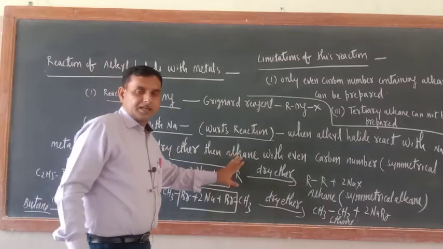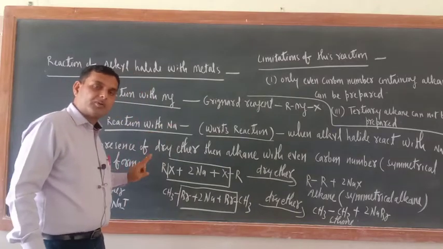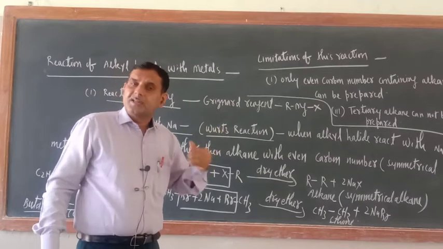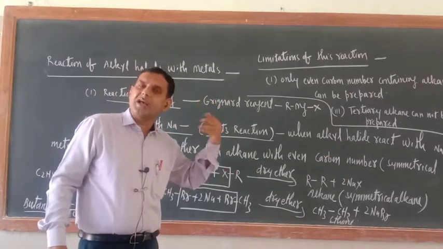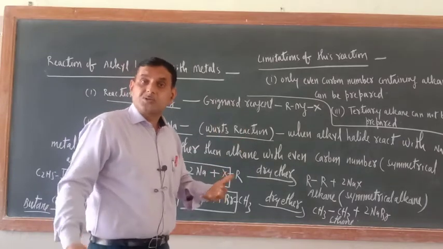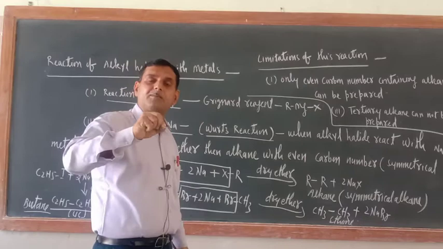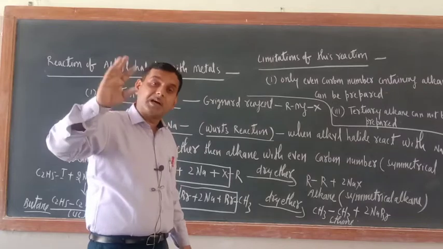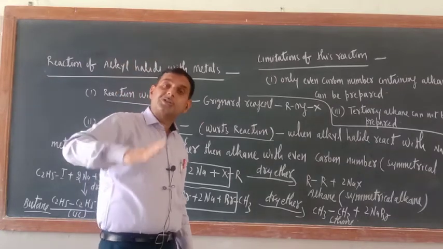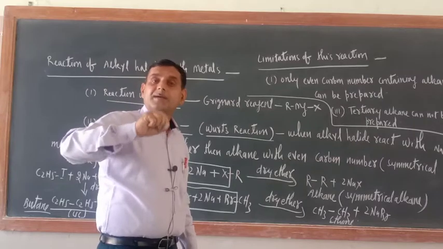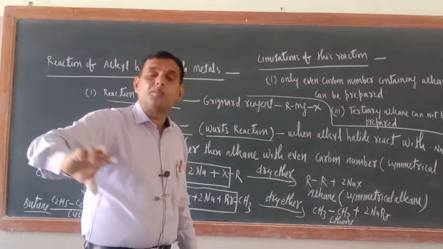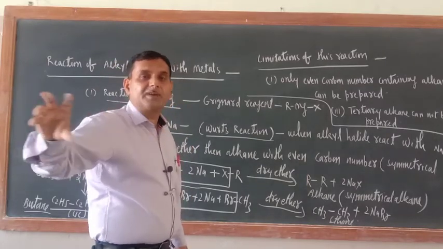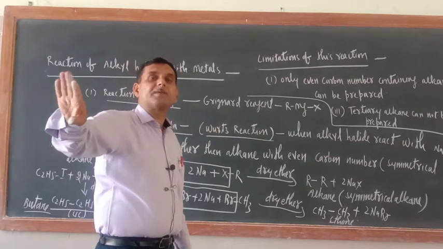So that is prepared, but try to understand: do you think that you will take only one molecule of methyl bromide and one molecule of ethyl bromide? There would be millions of molecules of ethyl bromide and methyl bromide. So they will react with themselves: ethyl bromide will react with another molecule of ethyl bromide, and similarly methyl bromide will react with other methyl bromide. So in addition to propane, you will get ethane also and butane also, a mixture of alkanes, and the boiling points of these alkanes are very close, so their separation becomes difficult.